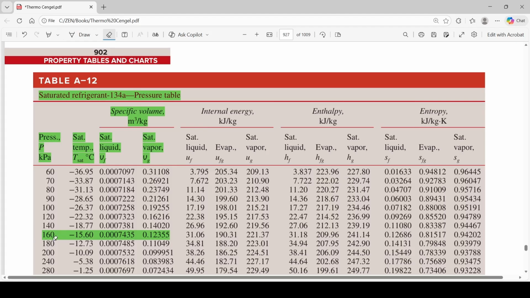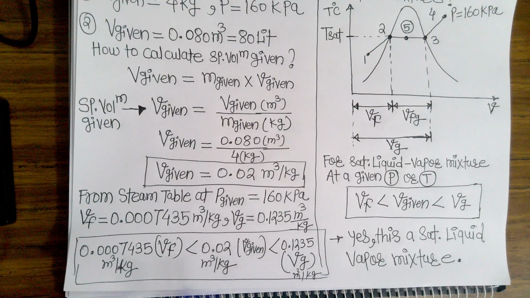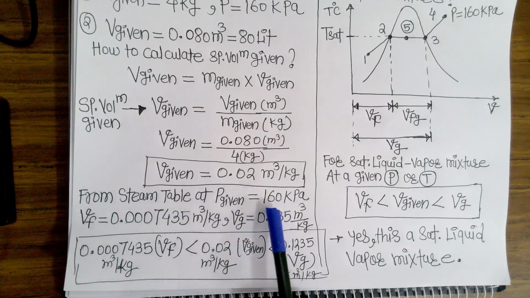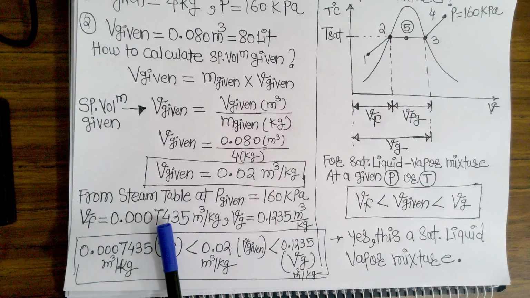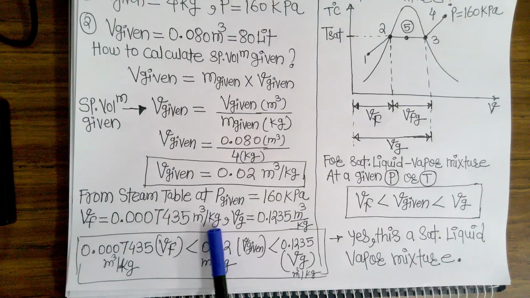So the pressure for our refrigerant is 160 kilopascal. So the corresponding Vf is equal to 0.0007435. Corresponding Vg is equal to 0.12355. So from the steam table at pressure 160 kilopascal, Vf is equal to 0.0007435 meter cube per kg.